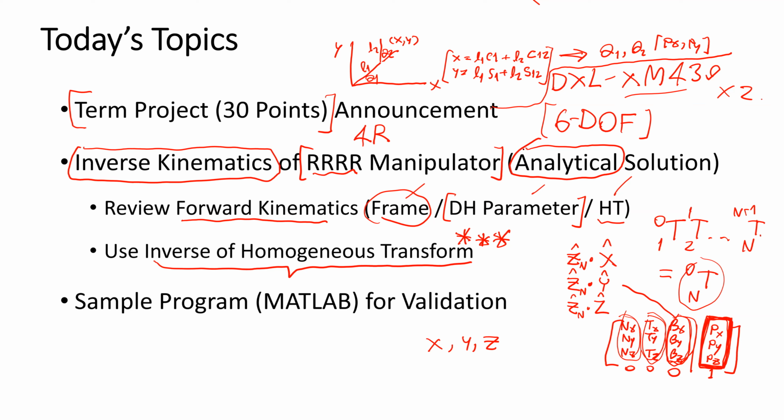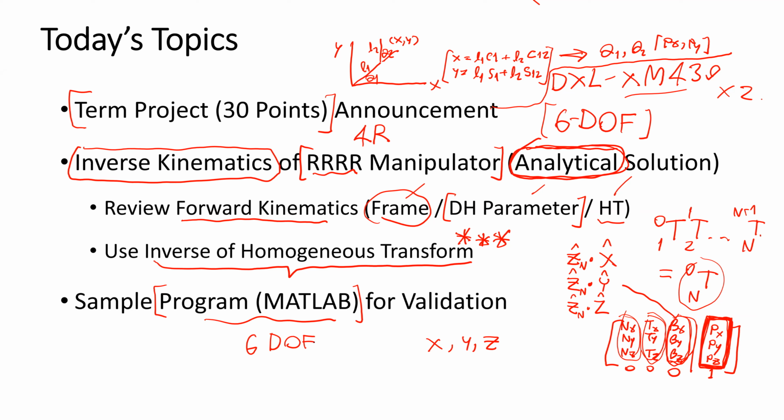And after we derive the analytical solution, I'm going to share one MATLAB code that I prepared a long time ago. The MATLAB code that I'm going to show you is for a 6 degree of freedom robot, but it's very easy to use.